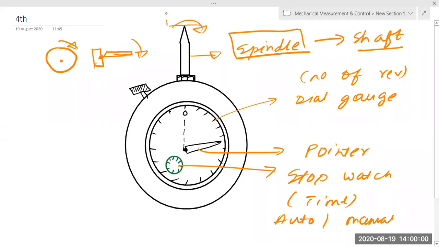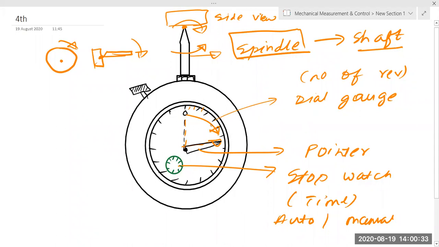I am just keeping my shaft here. This is the front view of the shaft, and this is the side view. Whenever the shaft moves, the spindle will also rotate, and this will be measured as soon as the spindle comes in contact with the shaft. Suppose initially it is at position 0 and moves to this position; this is highly calibrated at a very minute scale.